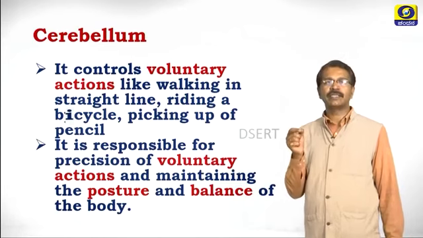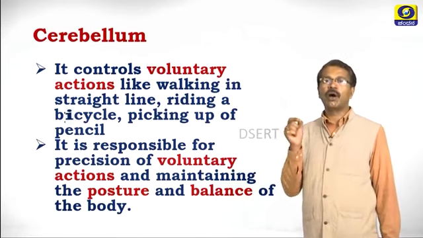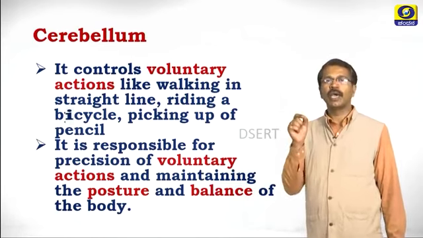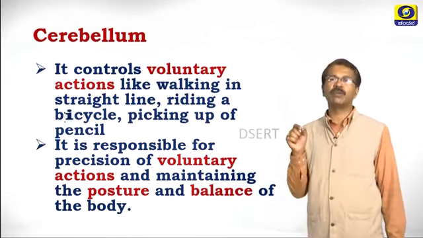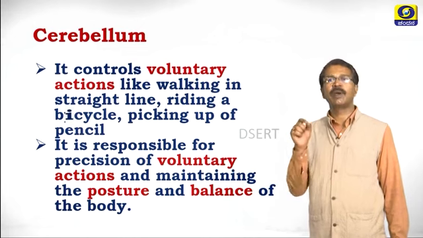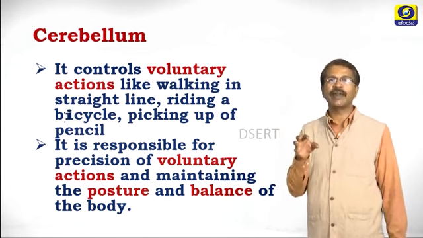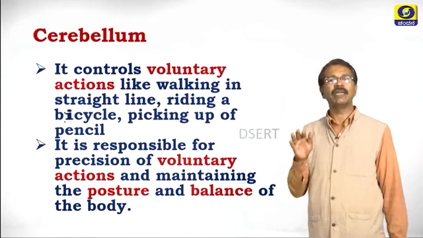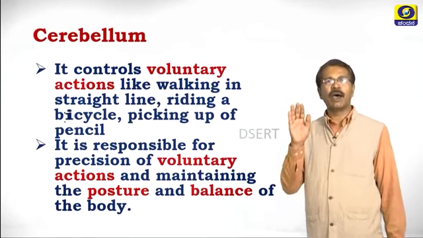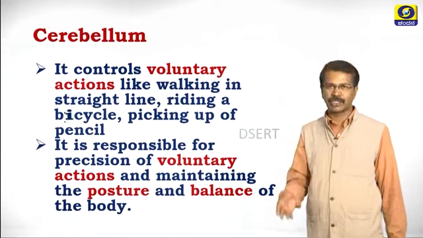Apart from that, it is responsible for all voluntary actions and also helps to maintain posture and balance of the body. Thus, the cerebellum controls all our voluntary actions. Of course, even the cerebrum takes part in it, but mainly the cerebellum controls all voluntary actions.